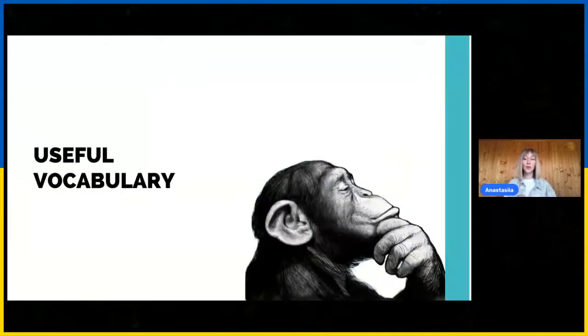And the last thing today we are going to talk about is vocabulary. So you know what is good and what is bad, whether humor or emojis are a good idea, whether you should sign off your email or not. But you should also have some tools which can help you write the real email.